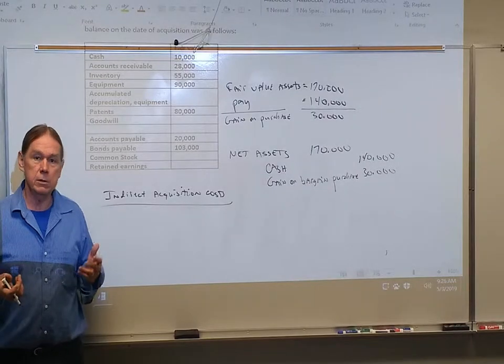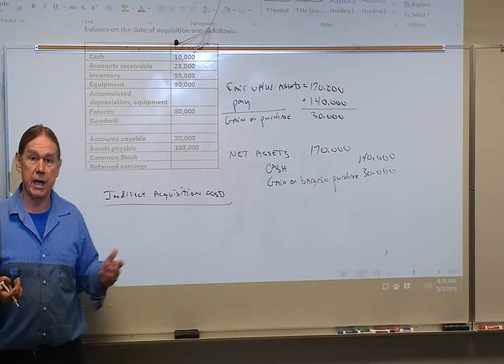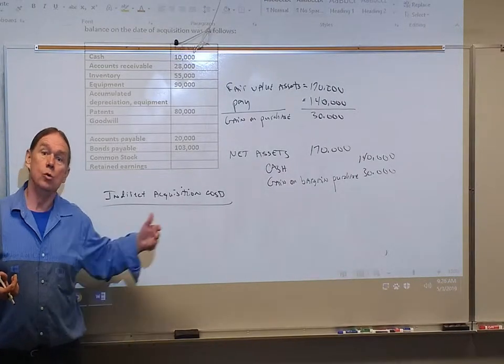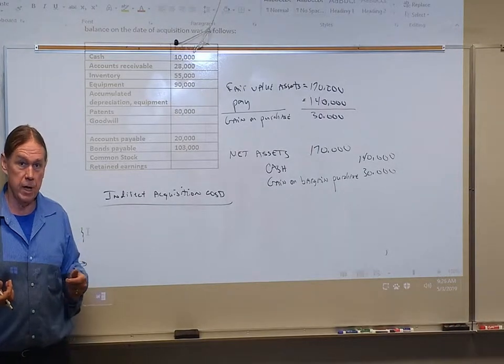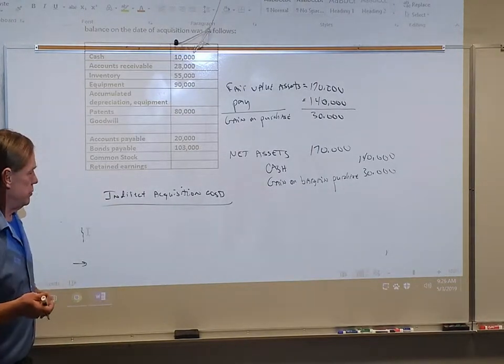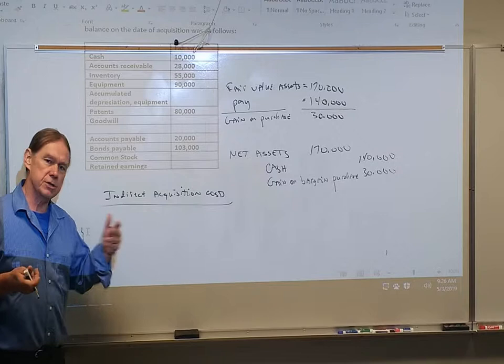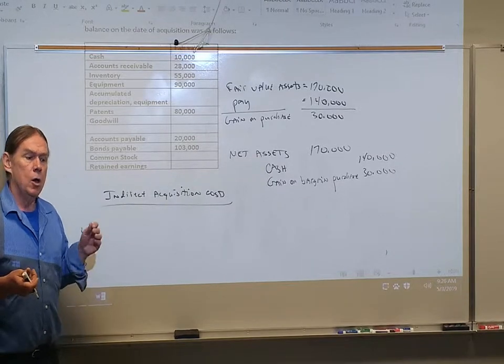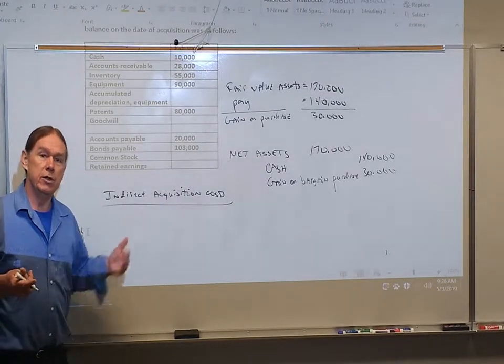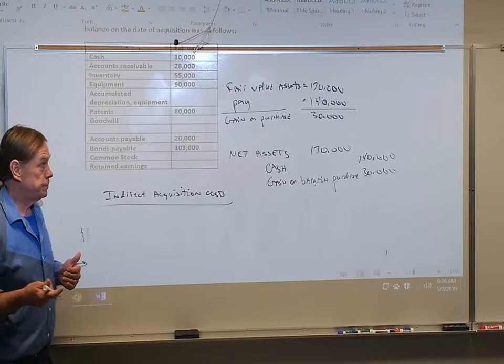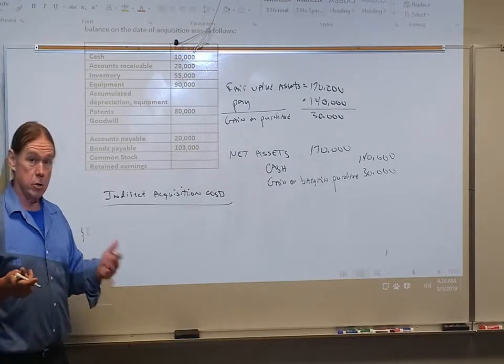If you buy equipment, the delivery charges and sales tax and installation costs are rolled into the cost of the equipment. And so you could say, look, if there are these indirect acquisition costs, legal costs, accounting costs, things of that nature, shouldn't they simply be rolled into the cost of the acquisition? And the answer is no.